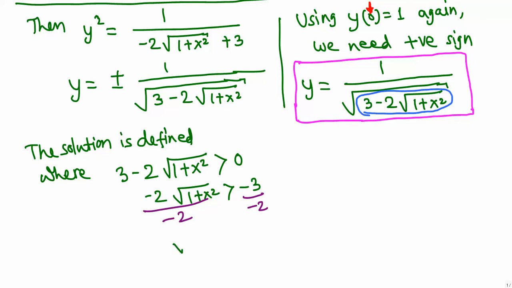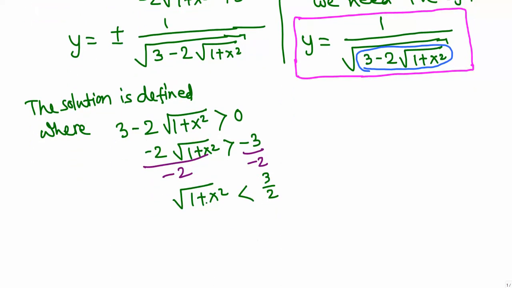So the negatives cancel: square root of 1 plus x squared is less than 3 halves. Square both sides to get rid of this square root. So 1 plus x squared is less than 9/4.